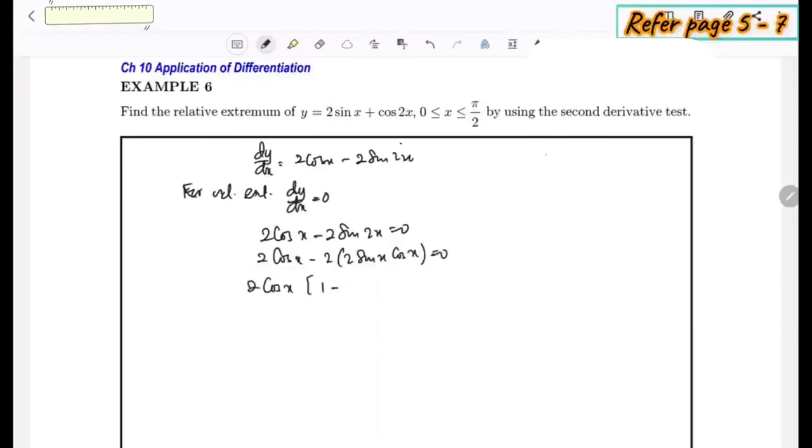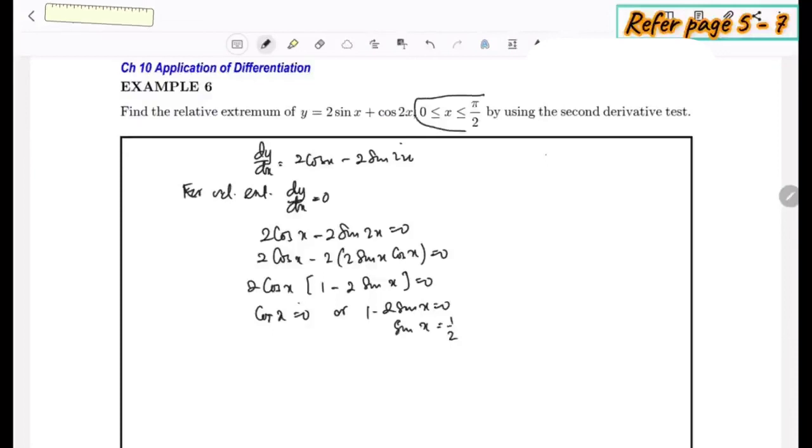So we have 1 minus 2 sine x equal to 0. We have cos x equal to 0, or 1 minus 2 sine x equal to 0. So sine x is a half. We are given x to be between 0 and pi over 2. So x equal to pi over 2 and x equal to pi over 6.